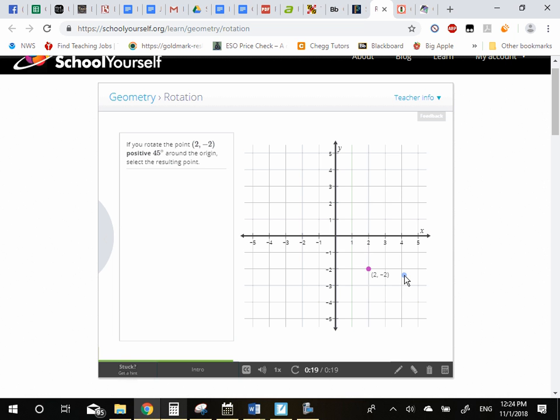So where's it going to end up? What do you guys think? -2, 2, like here? -2, 2, there.